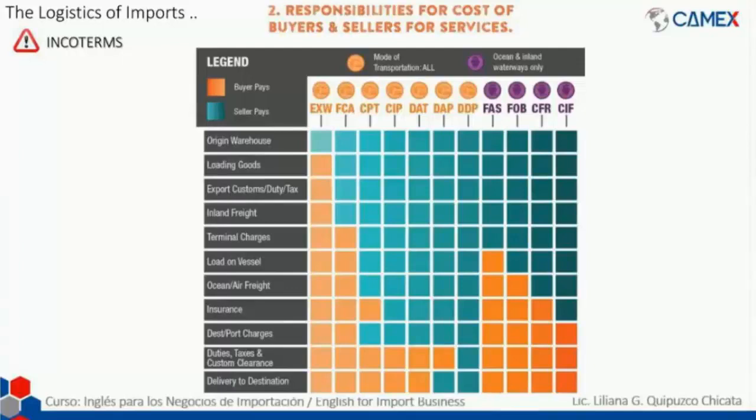Who is going to pay what? It is not easy. You're not going to learn it the first time you see it or read it. You have to study them. So you will have to check again and check again until you remember. For me, even though I work with the Incoterms rules, sometimes I have to look at it because I cannot memorize everything.